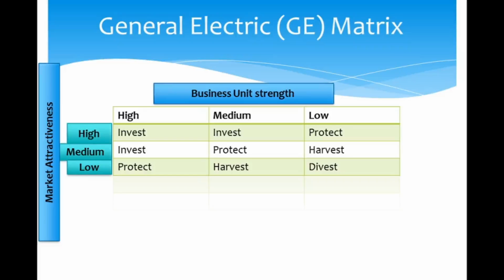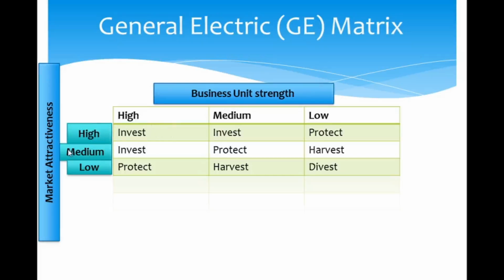Now let us see how we can go about it. Over here, if the strategic business unit has high market attractiveness and its strength is also very high, then the strategy which can be adopted is invest.